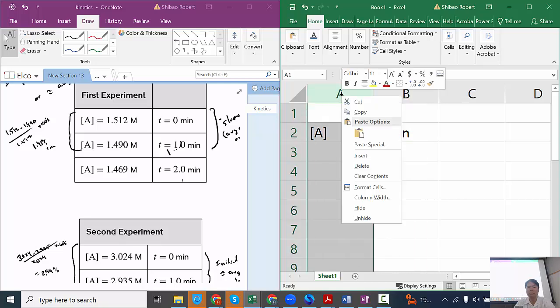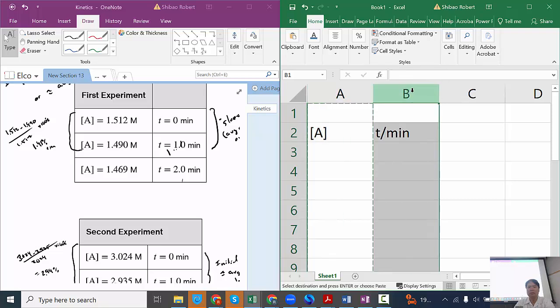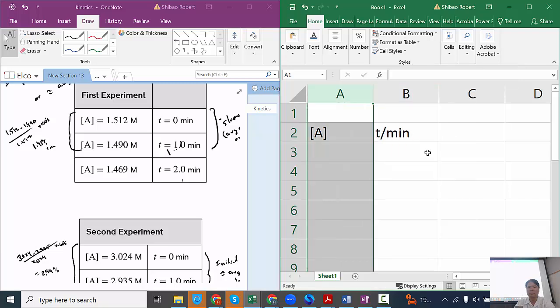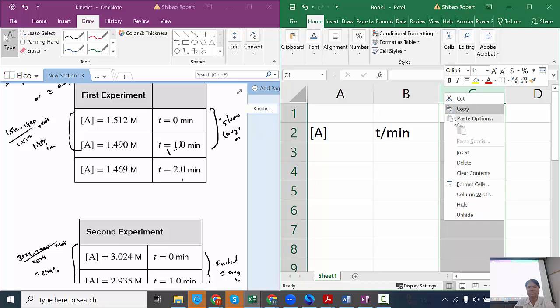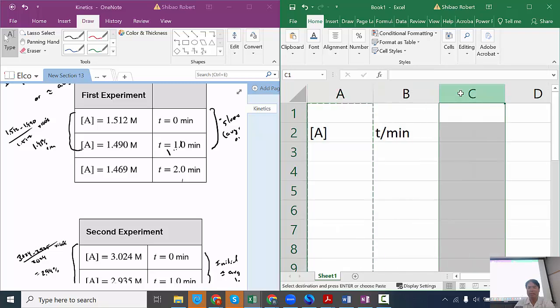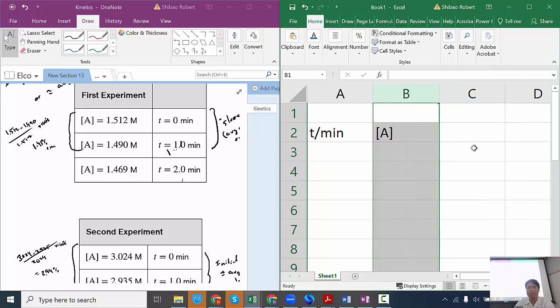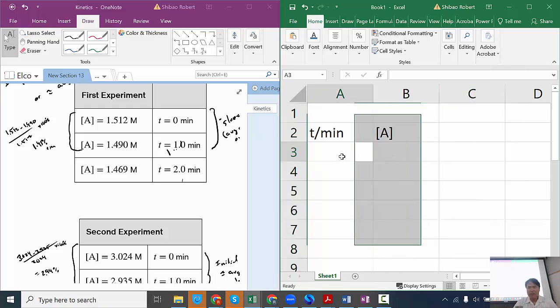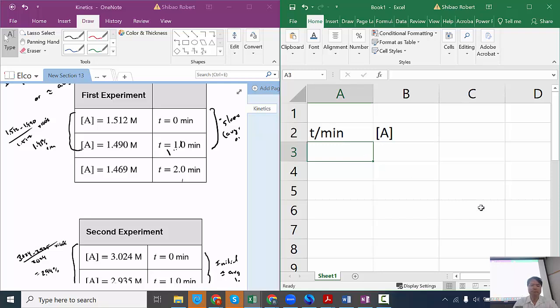So let me cut this out, and then I'll just insert it over here. Oops. Let me try that again. Okay, there it goes. Now it's going to be X and Y. And so I'm going to do 0 here, 1, 2.